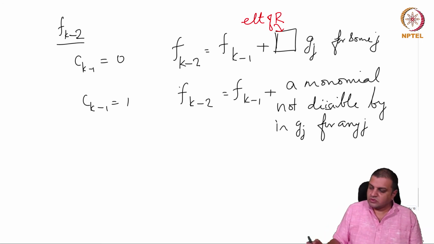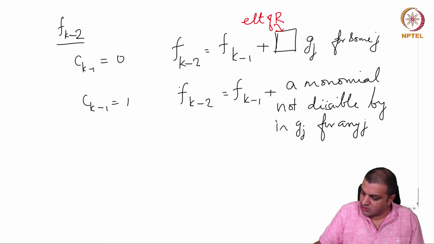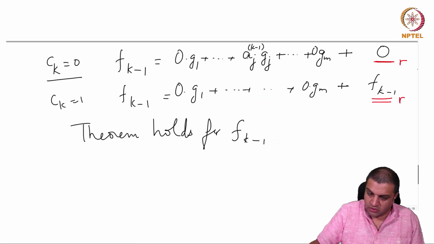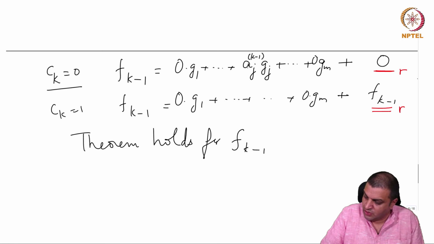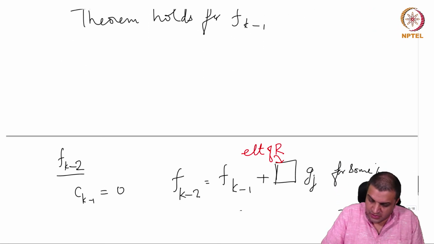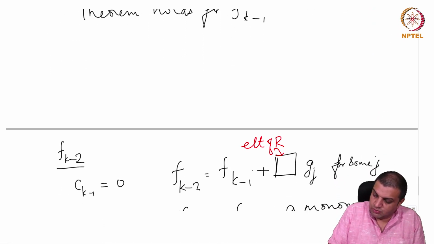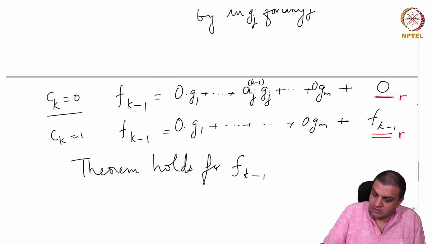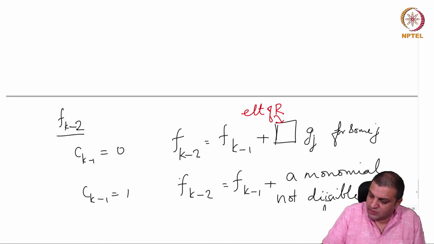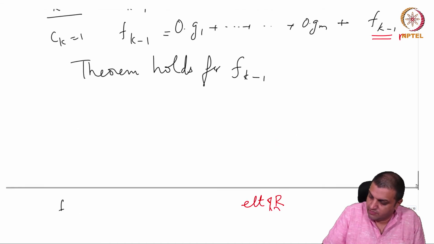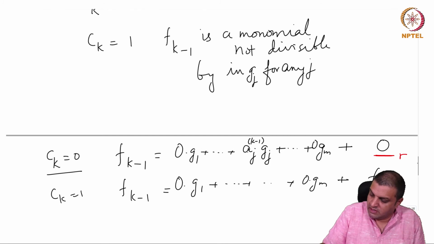Okay. So now we can go back to this sort of construction. fk has this property. If ck minus 1 is 0, then a coefficient here would have got changed. If ck minus 1 is 1, then this part would have changed.